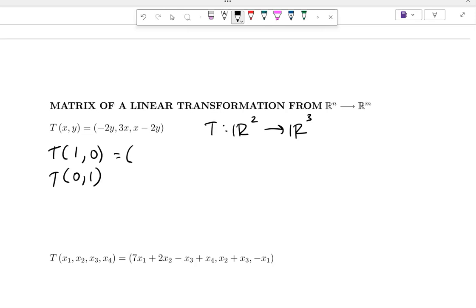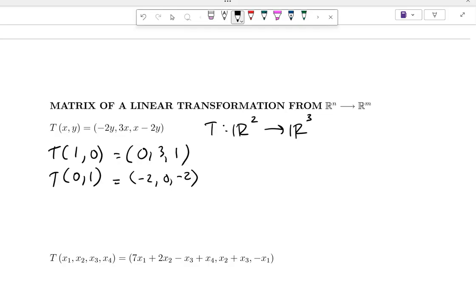Well, the 1 goes in for the x, the 0 goes in for the y, and so it's 0, 3, 1, right? What do you get for the next one? Good. Okay. Why did I use the standard basis? Well, I can get the coordinates easier, right?